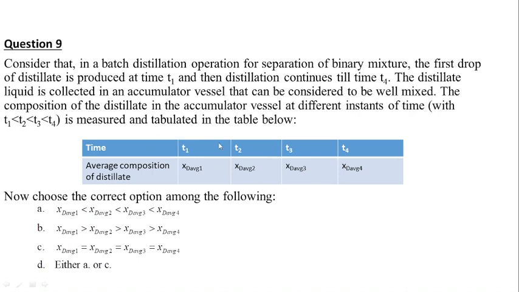We are asked to find the relation between T and X average. T represents the time of collection of distillate and the respective composition of distillate collected is represented by XD average. So can someone answer this question?